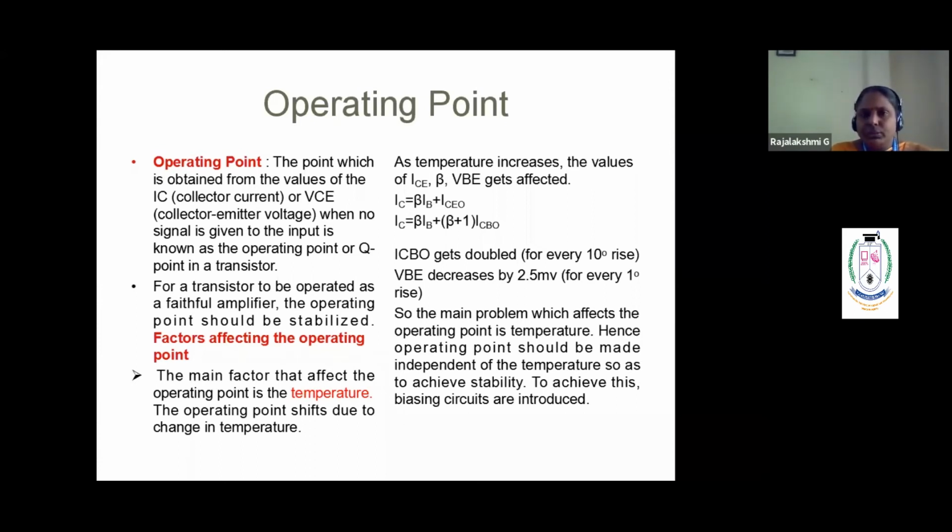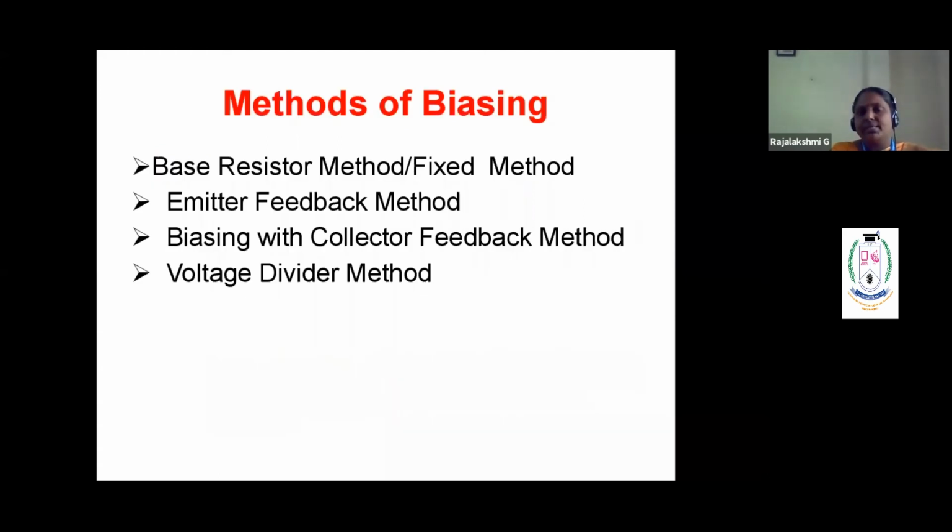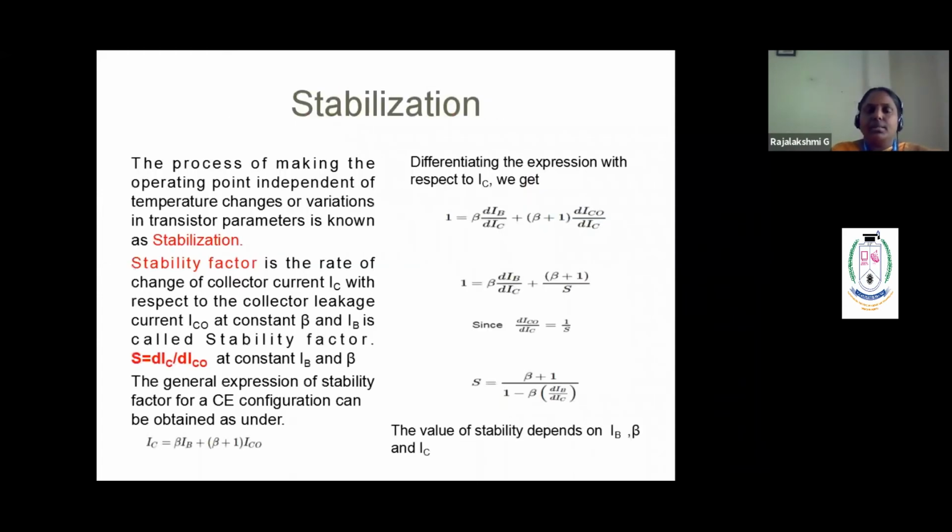So now let us see the methods of biasing. Normally there are 4 methods of biasing available: base resistor or fixed bias method, emitter feedback method, collector feedback method, and voltage divider method. Now, after telling the types of biasing, I'm going to stabilization, because through the biasing methods we can also stabilize the transistor circuit.